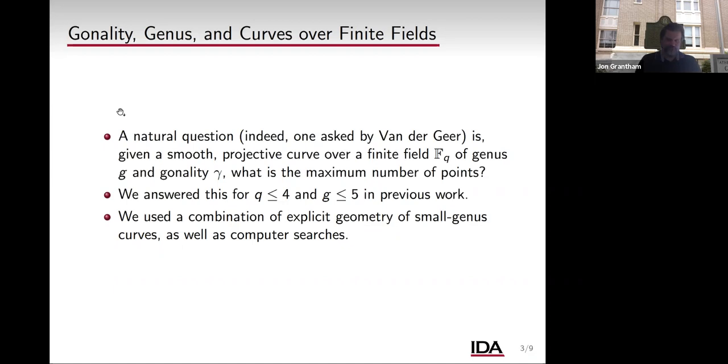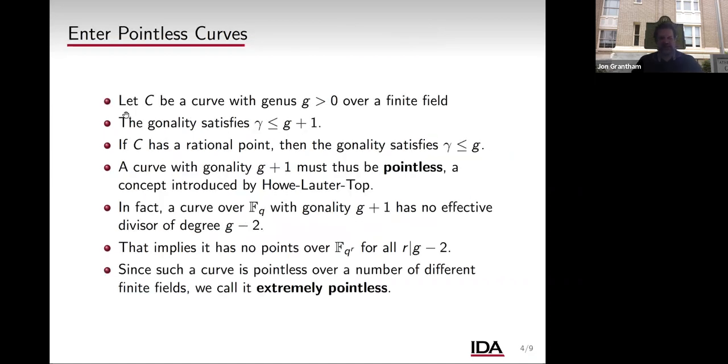That is a different thing for the most part than what I'm talking about today. But let's talk about pointless curves, because that was something we ran across in this search that seemed kind of weird and seemed worth further exploration, which I'm describing here.